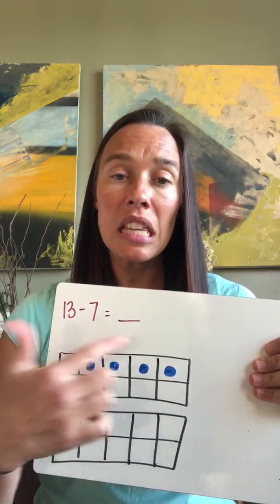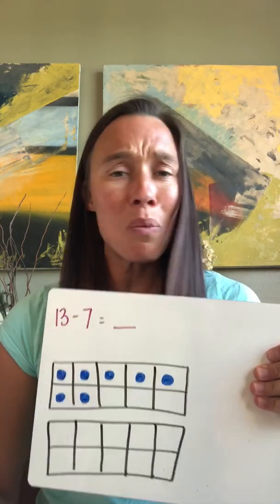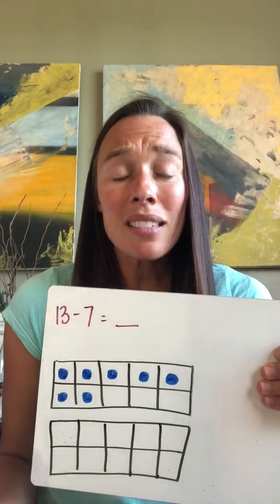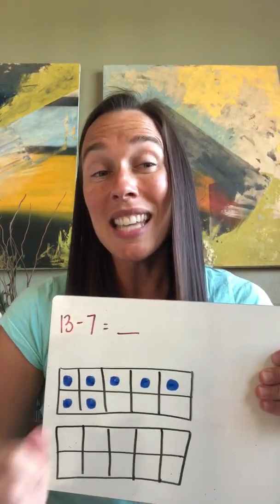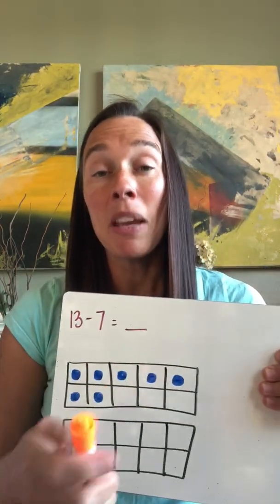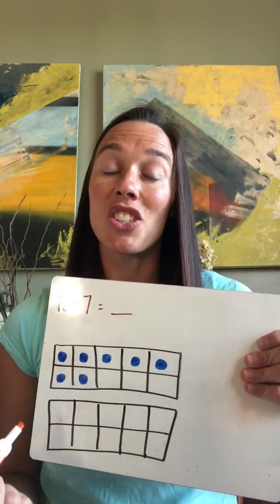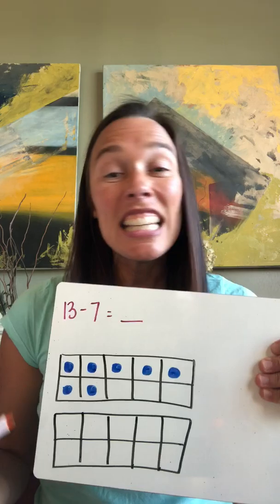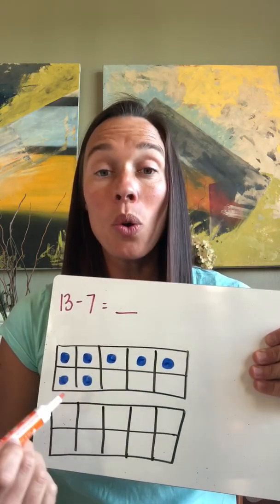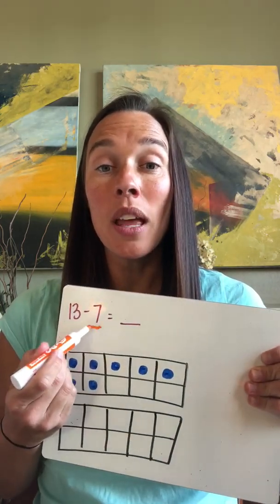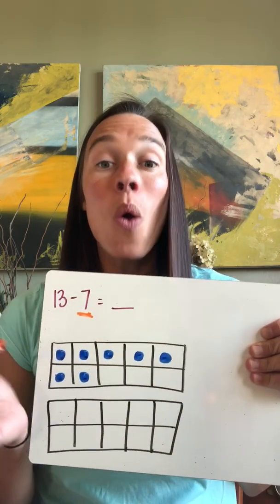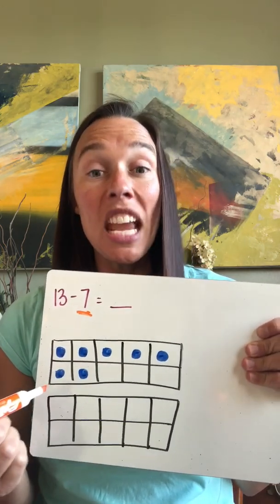Well, you're going to see that 7 of them are already here, and you're going to say, what, Miss Metz? That doesn't even make sense. Yes, it does, because this time you're going to show me what it would look like to find the answer by adding. I didn't give you the total. I gave you how many were taken away.